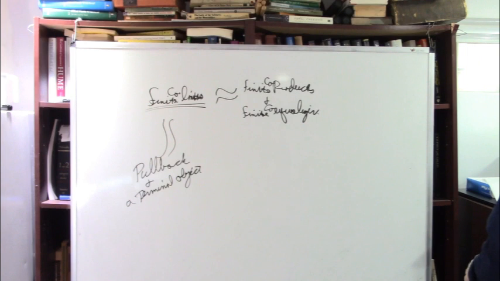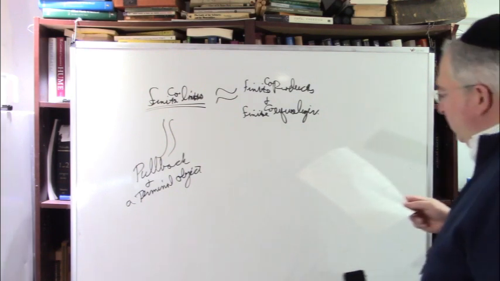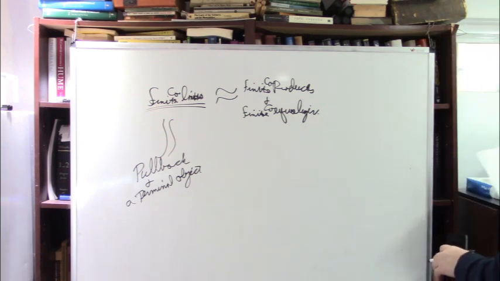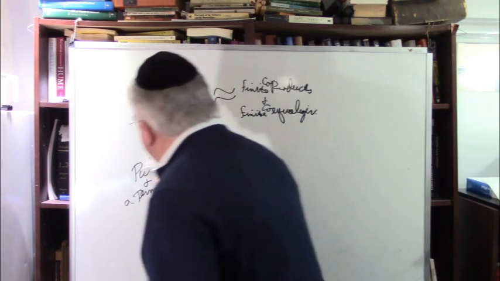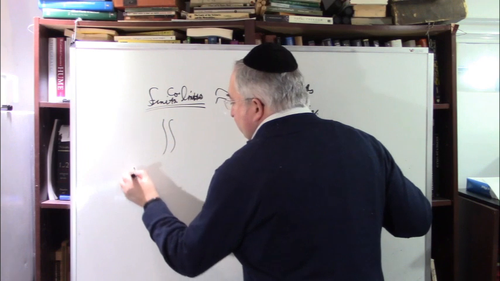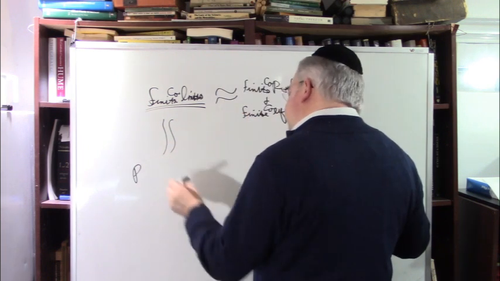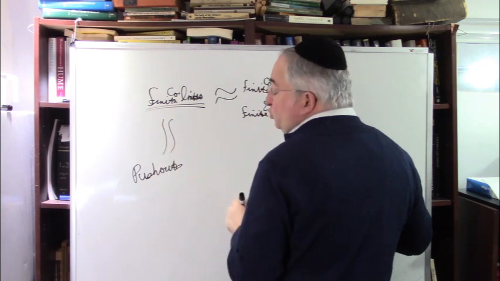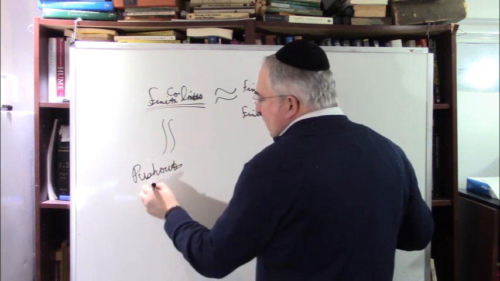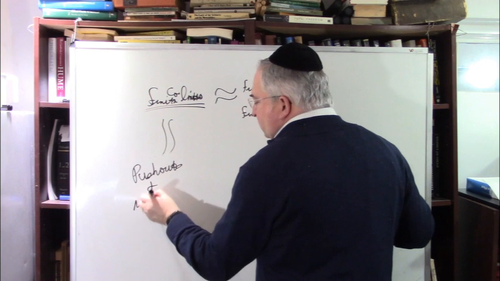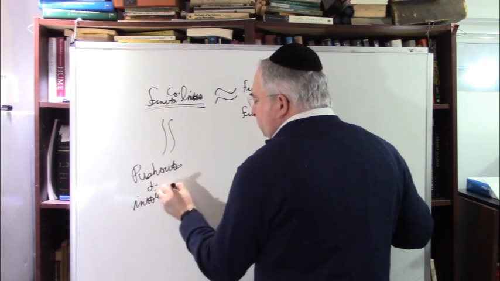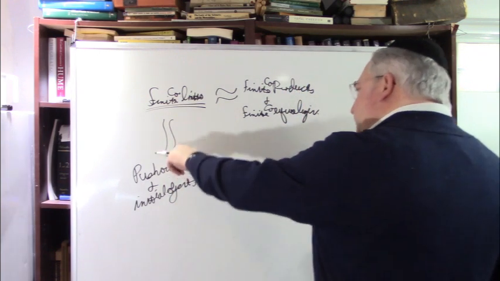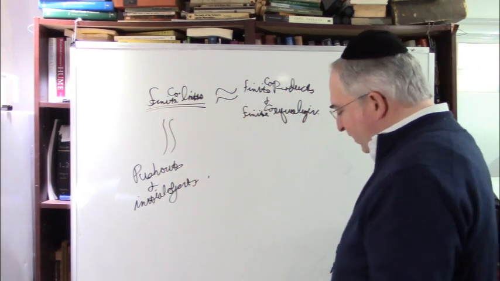So finite colimits come from coproducts and coequalizers, or another way: that was pullbacks, this is pushouts, the dual of pullbacks, and initial objects. If you have these building blocks, then you get all finite colimits.